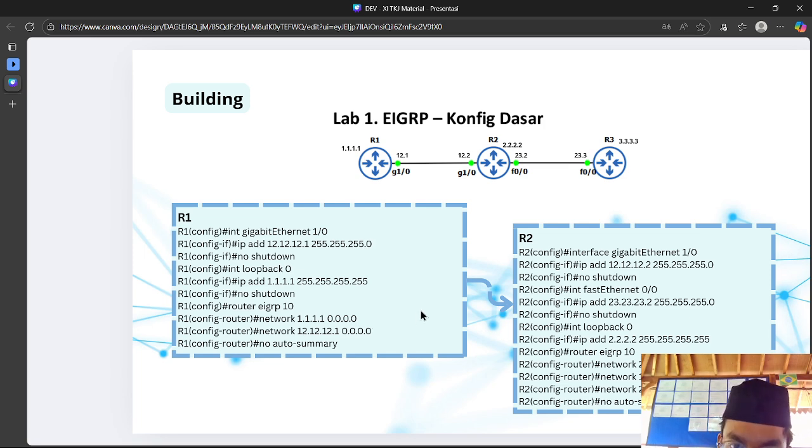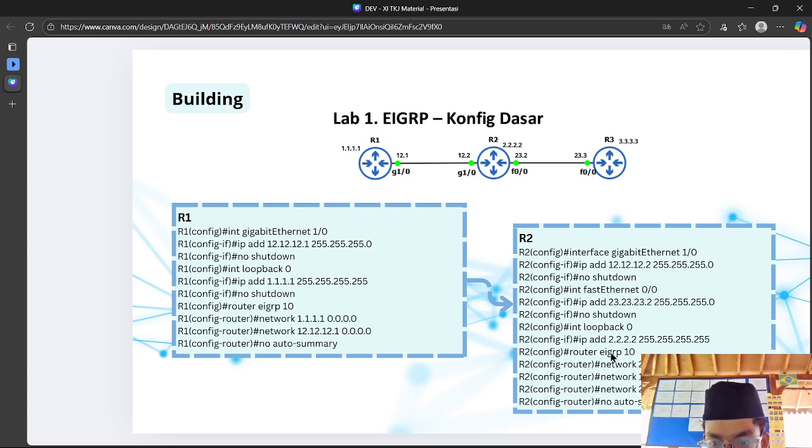The next configuration here in router 2 may be the same as router 1, there's no difference, but in router 2 we make another IP address with interface Ethernet 0/0, because router 2 is connected to router 1 and router 3.